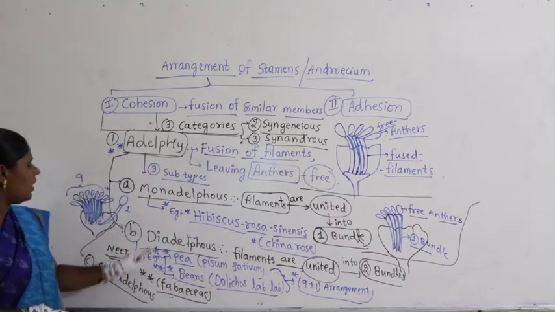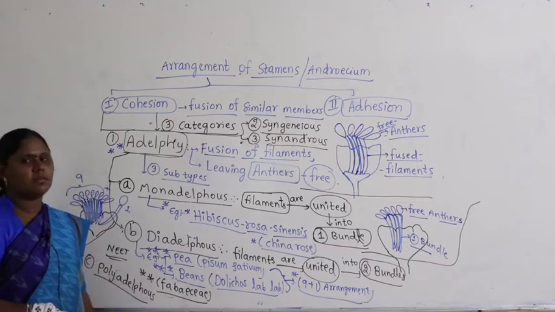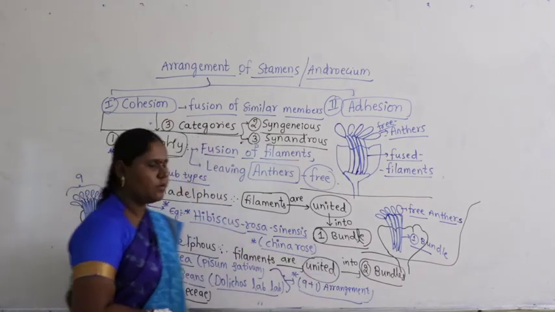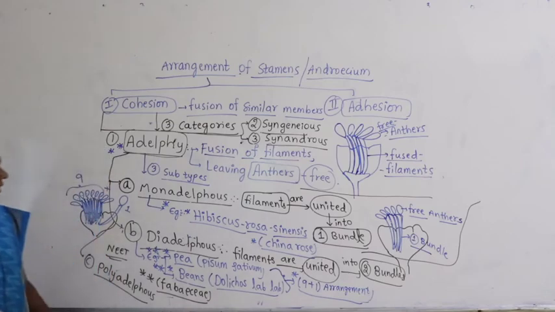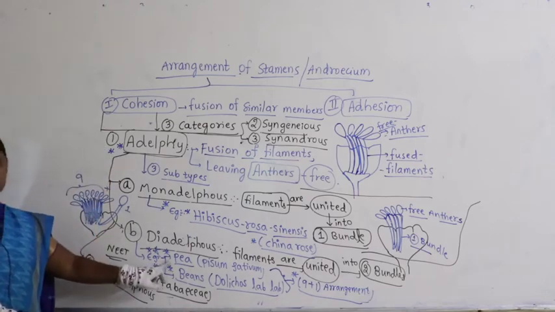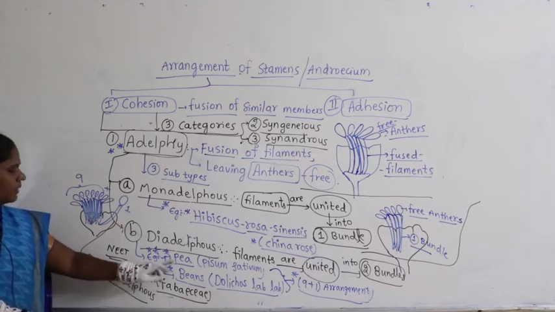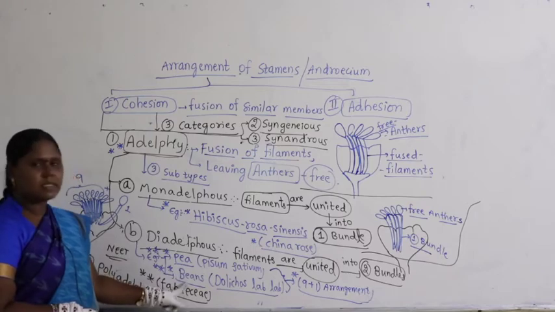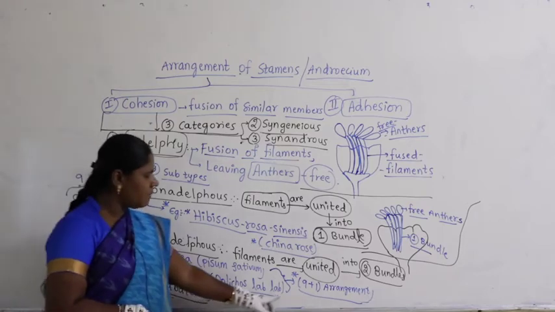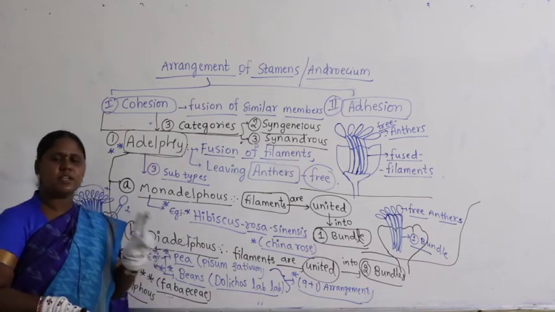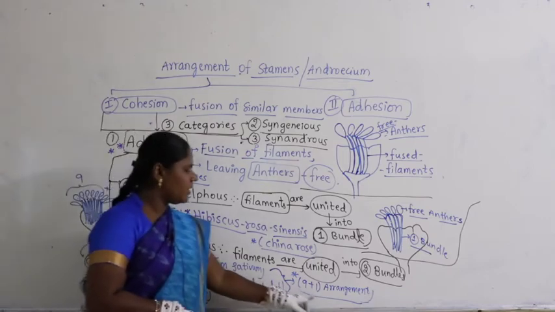Now coming to a Diadelphous condition, meaning here filaments are united into two bundles. Now we can see two bundles. Now for example, very importantly you have to remember this, I am repeating because this is very important. Pea plant, Pisum sativum is a scientific name, beans is scientific name is Dolichos lablab. In both of them we find Diadelphous, meaning two bundles, but here the arrangement is 9 plus 1.